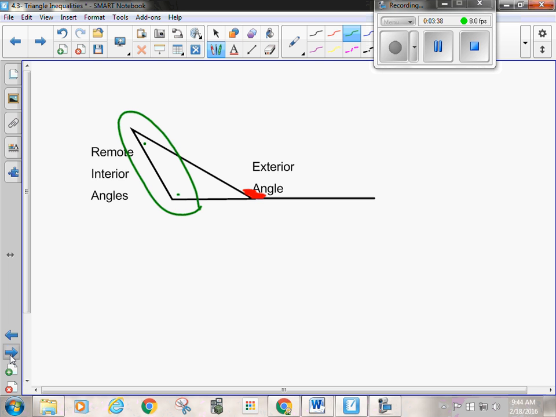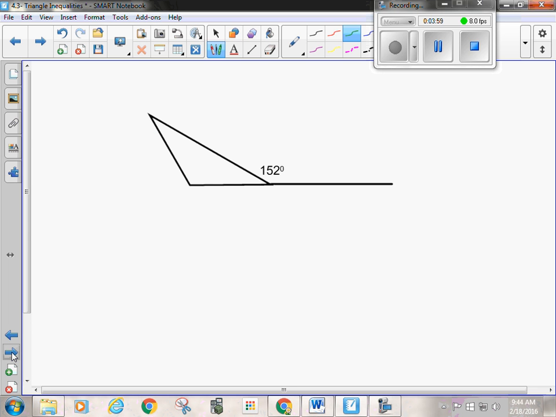The rule we have here is the sum of the remote interior angles is equal to the exterior angle. So I can add those two angles and they equal my exterior angle. It's going to make more sense when we look at this example.